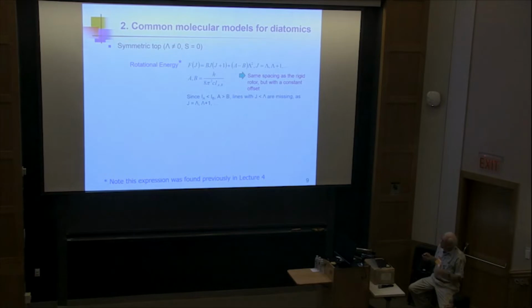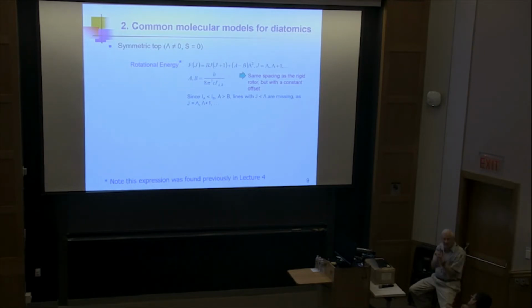Now this also is a reminder that when you have two quantum numbers, when you have two coordinates, you have to worry about the distinction between values of J. J can't be less than lambda. Whatever lambda is, it's a number, J can't be smaller.